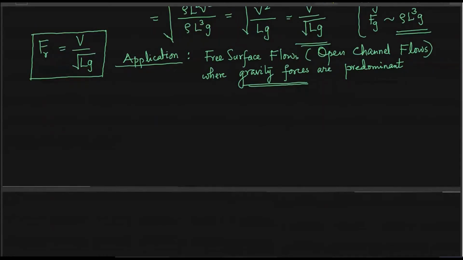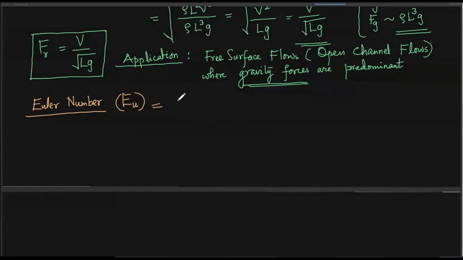So we have Euler number now, denoted by E suffix U, sometimes E only. This Euler number is again a ratio of inertia force to some other force. Which is that force under consideration? That is pressure force in this case.